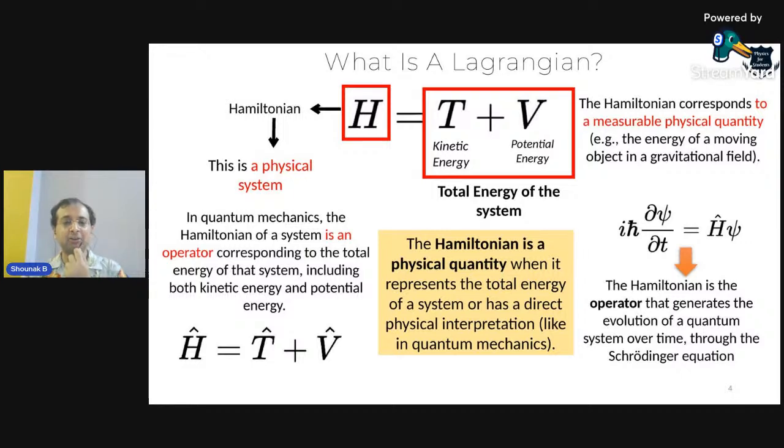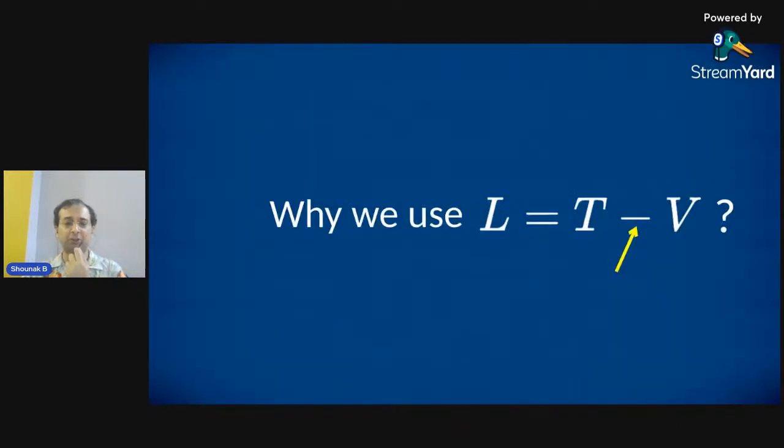The hat on the T and the V shows that these are operators, and that is why we put a hat on top. We will deal with operators someday. But what it shows is that the Hamiltonian basically deals with the total energy of a system. It is used in Schrodinger's equation and in various other ways. So in contrast to the Lagrangian, the Hamiltonian is a physical quantity.